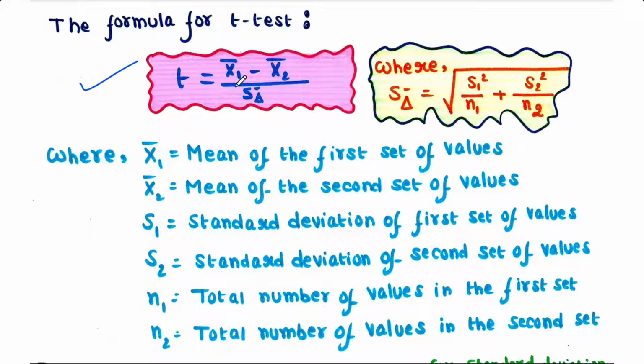So this is the formula for calculating t-test. Here this S delta bar is this, where x1 bar is the mean of the first set of values, x2 bar is the mean of the second set of values, S1 is the standard deviation of first set of values, S2 is the standard deviation of second set of values, N1 is the total number of values in the first set, and N2 is the total number of values in the second set.